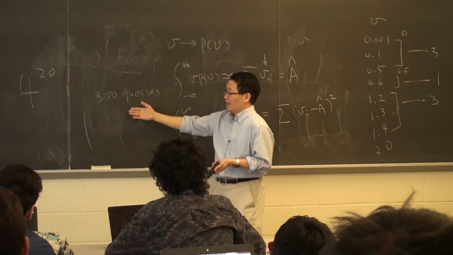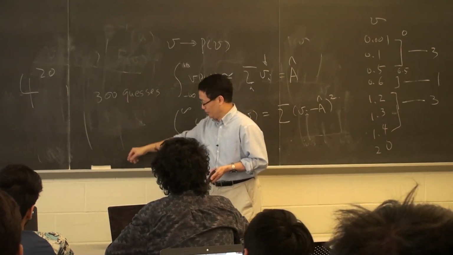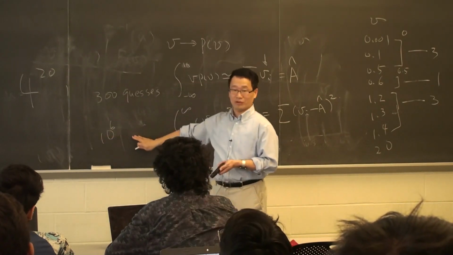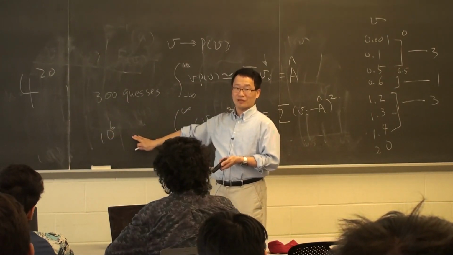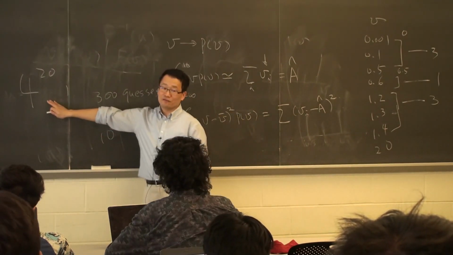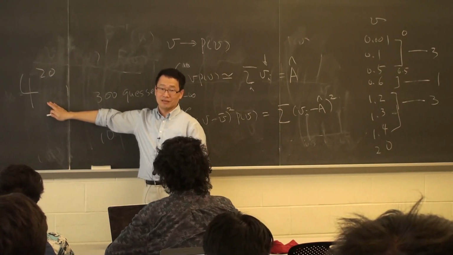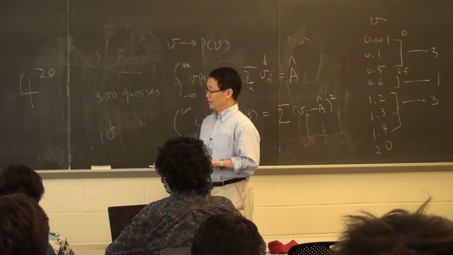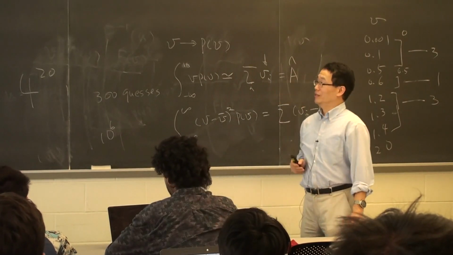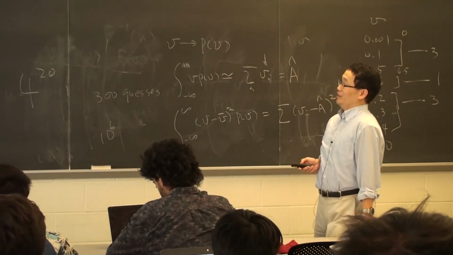But even if you generate a lot of these cases, say 10 to the 6, the n is now rather large, it's still much smaller than the full search. This is computationally practical. So you can use Monte Carlo to generate initial guesses.